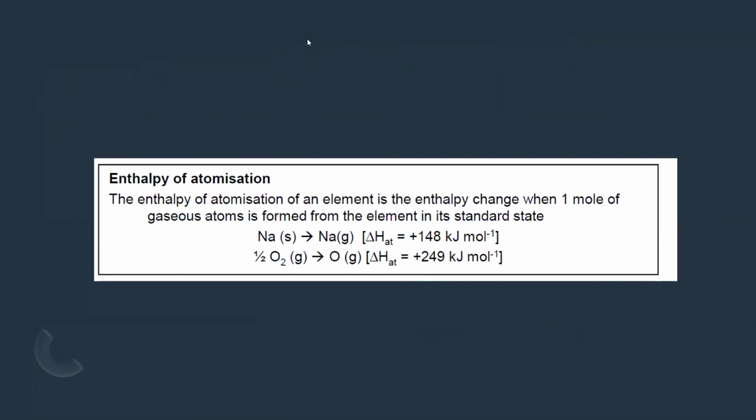But as you can see, for group 8 elements such as helium, helium is already a gas and it is also an atom. So for atomization, we cannot do anything else. So the atomization of these noble gases is 0, because they are already in an atomic state and they are all gases.